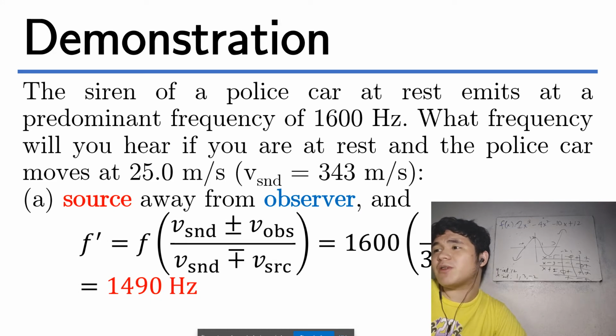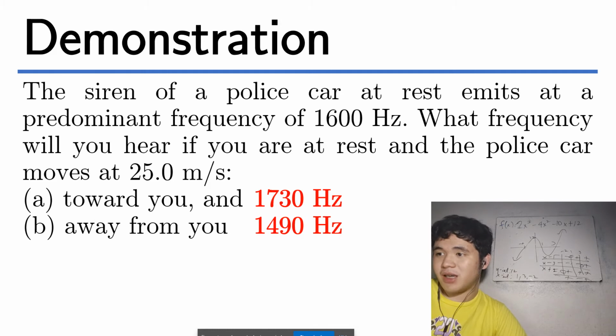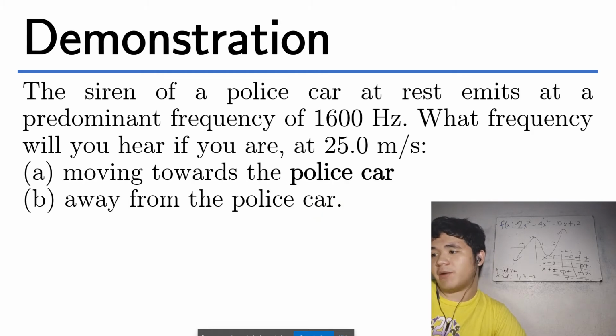So, you expect liit yung frequency na maririnig mo, di ba? Ayan, so dadagdagan mo yung ilalim. Tas yung taas, V sound na yung meron kasi nga, hindi gumagalaw yung observer. Okay? There we go. Paano pag baliktad, no? Ako naman yung gumagalaw towards the police car.